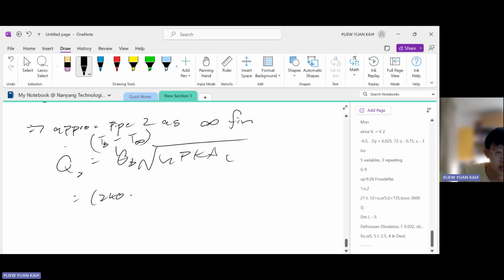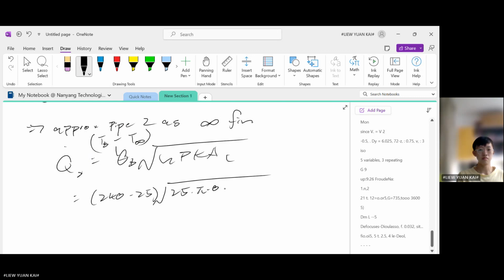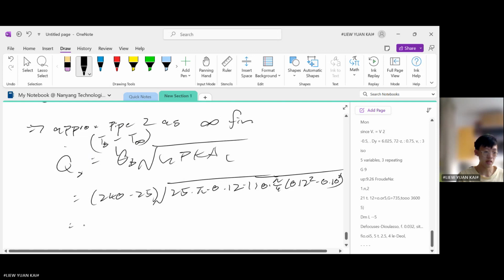Okay, so you plug in the numbers. Punch this in your calculator and you should get 406.951 watts. So this is your Q2.